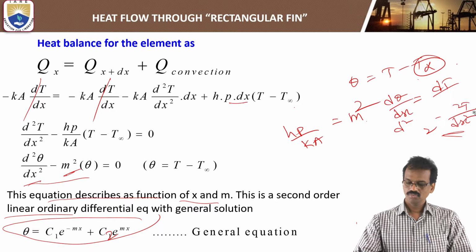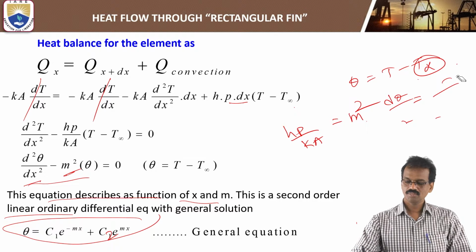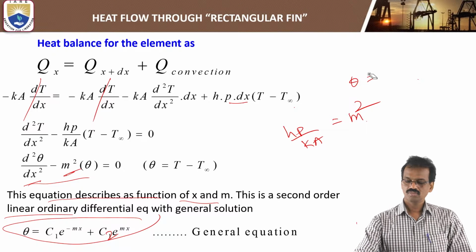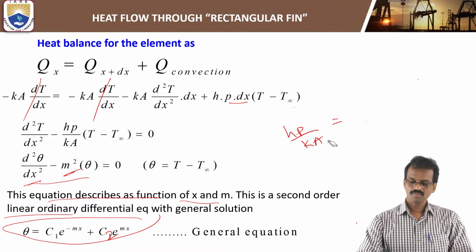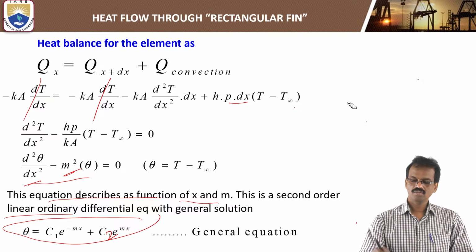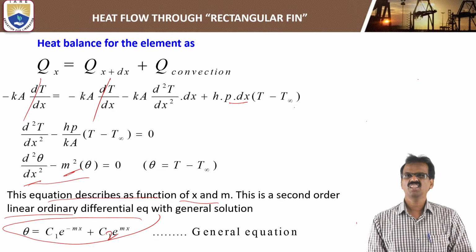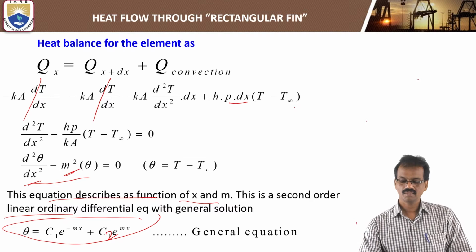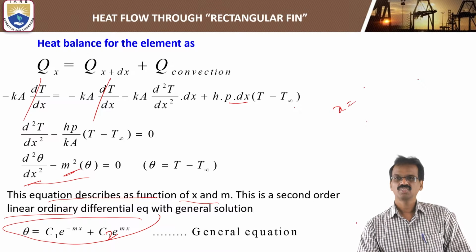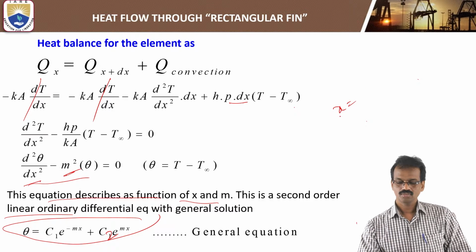First of all, we'll see some types of rectangular pins. We'll see a long rectangular pin, which means the length is very high, so we can take the length of the pin tends to infinity.